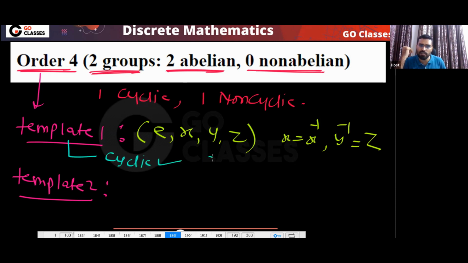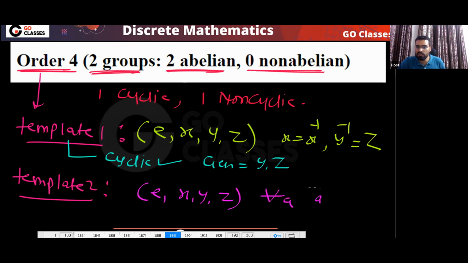Yes, this is cyclic, and the generators are y, z. And template 2, that is x, y, z, where every element is its own inverse. This template 2 is not cyclic. There is no generator for it. This we have already seen.